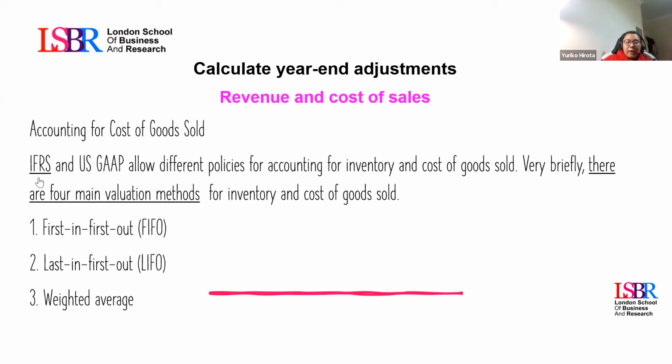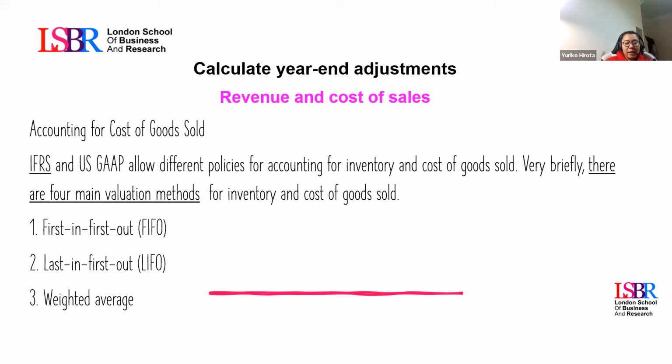Under the IFRS, I don't know if you know what that acronym is, International Financial Reporting Standards, and the US GAAP. I put US GAAP because, you know, or US GAAP or UK GAAP, or whatever financial GAAP that we have in the country.